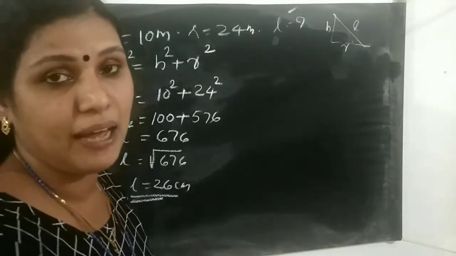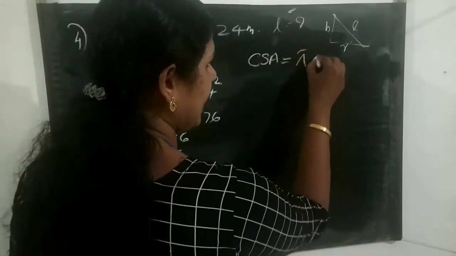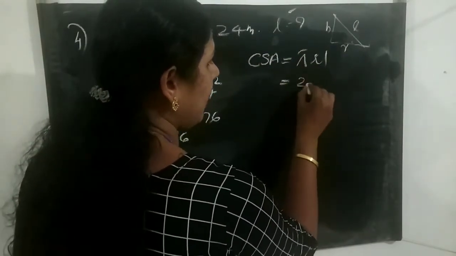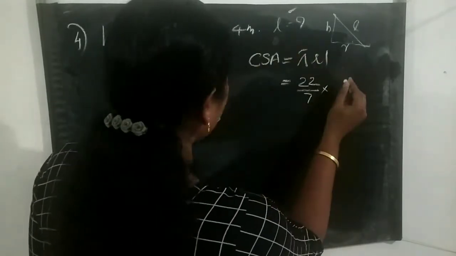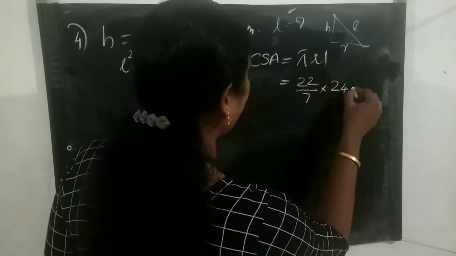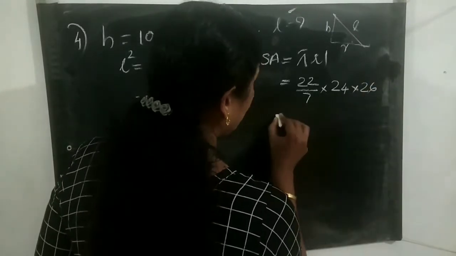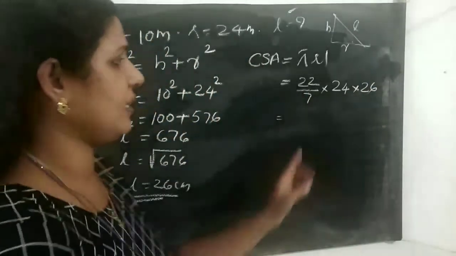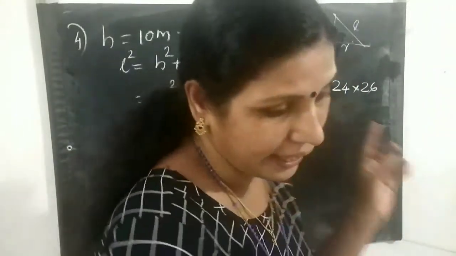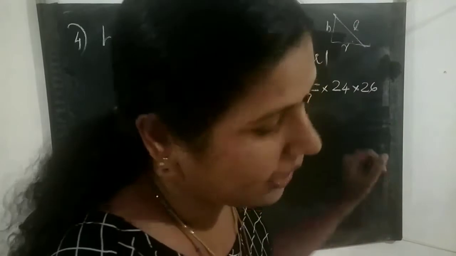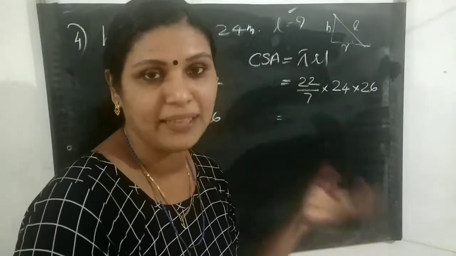Next we have to find the cost. So from this we find the CSA. CSA is pi RL. That is pi equal to 22 by 7 into R, which is 24, into L, which is 26. You just multiply the numerator and divide by 7. From that answer, you should multiply the cost.